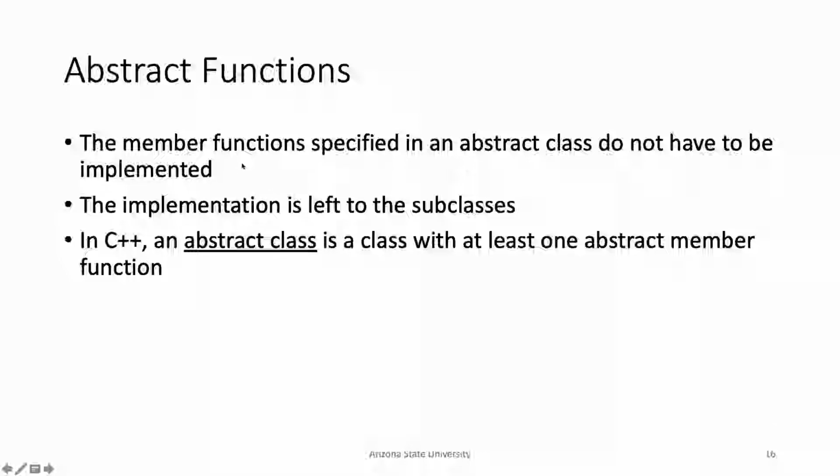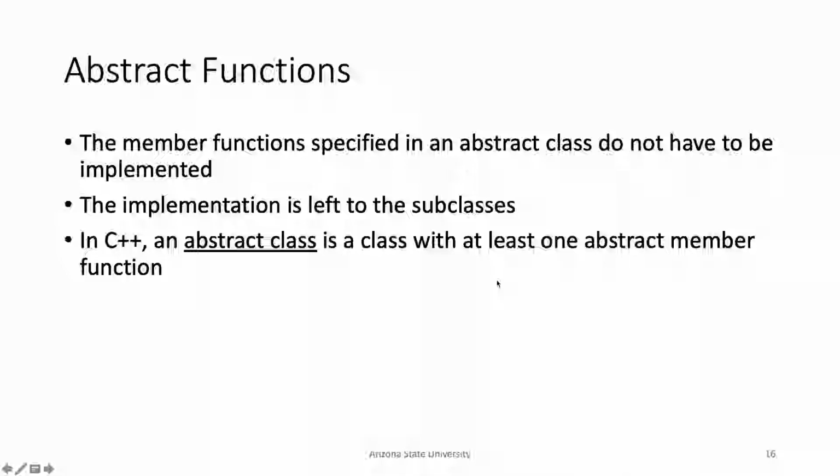Yeah. So what you have to do is to say, we're going to leave the implementation to the subclasses and prohibit you from instantiating an object of this abstract class. So an abstract class is defined to have at least one abstract function.